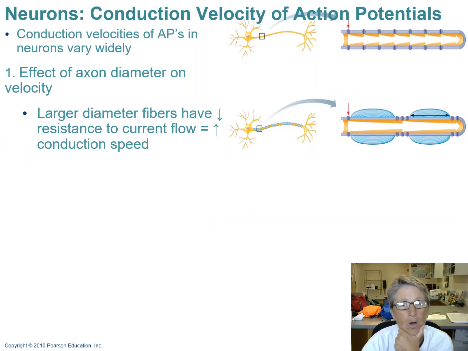Okay, conduction and velocity of action potentials. So what allows for an axon to give an action potential a high velocity or a low velocity? So one thing is the effect of the axon diameter.